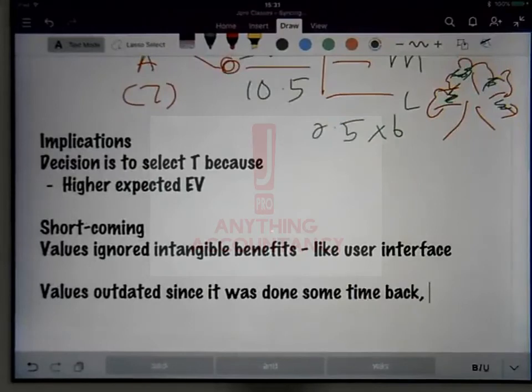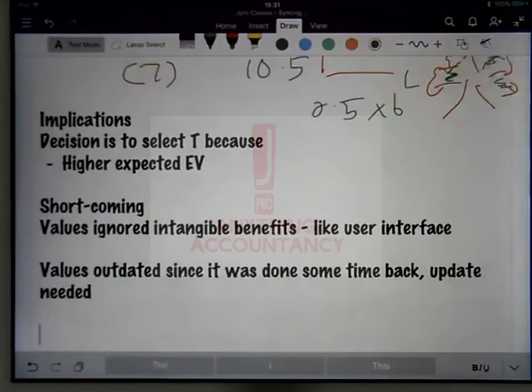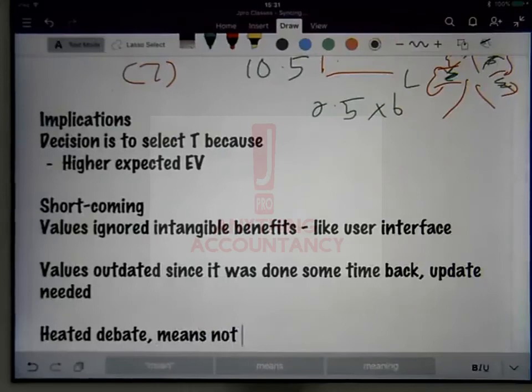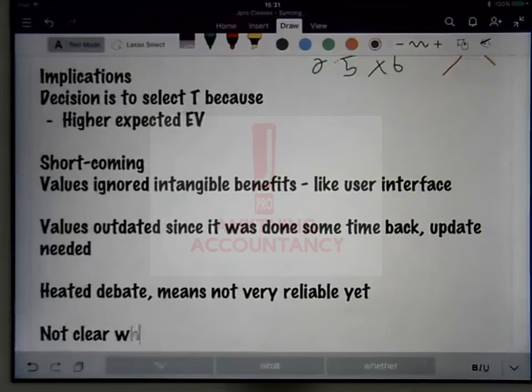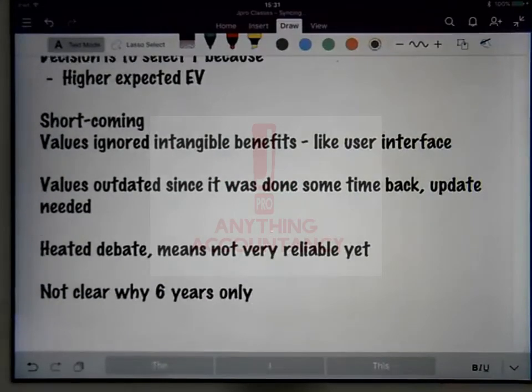You have to say update needed. Anything else? Well, heated debate means not very reliable yet. Got it? Not clear why 6 years only. Anything else? Shortcoming?